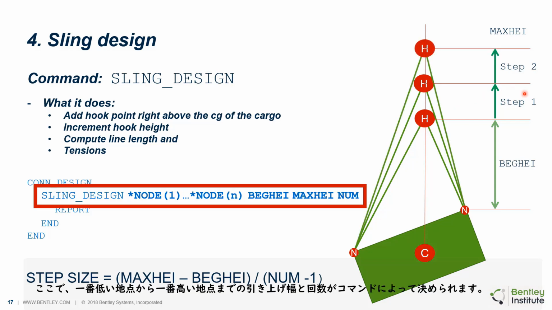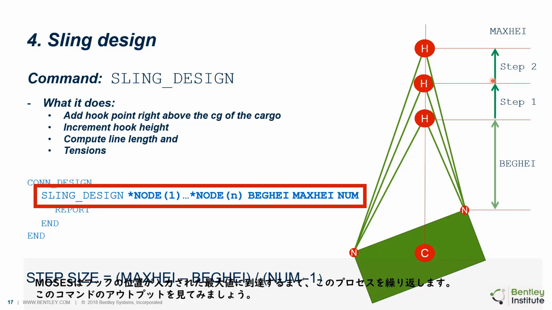Here, the step size is determined from the beginning and maximum height, and the number defined on the command. Step size is the maximum height minus beginning height divided by the number of steps. MOSES repeats this process until the hook point reaches the specified maximum height. Let's take a look at the output of this command.